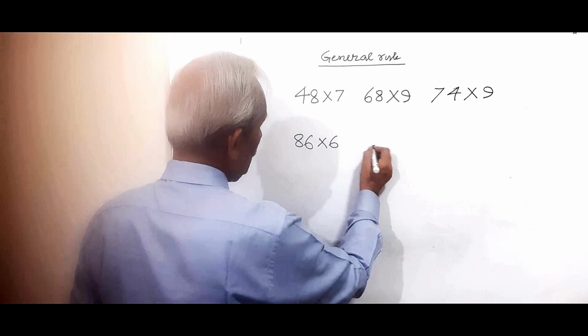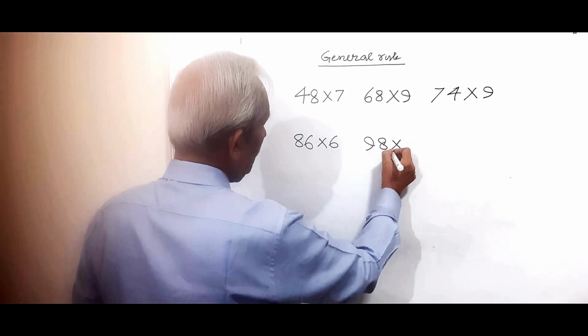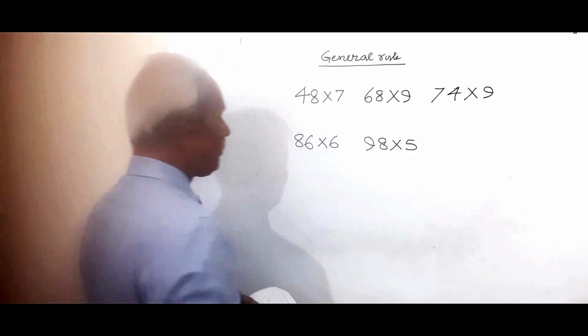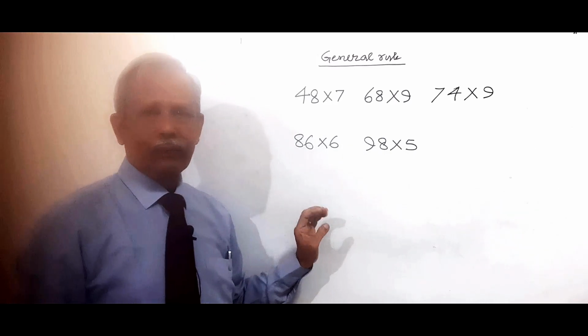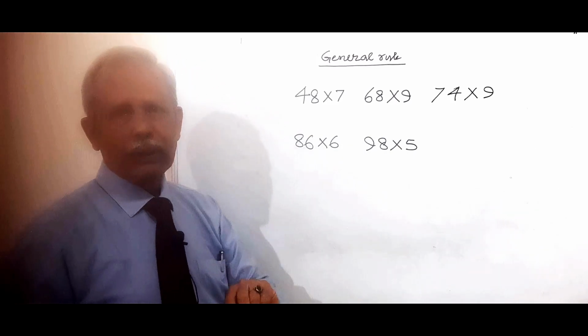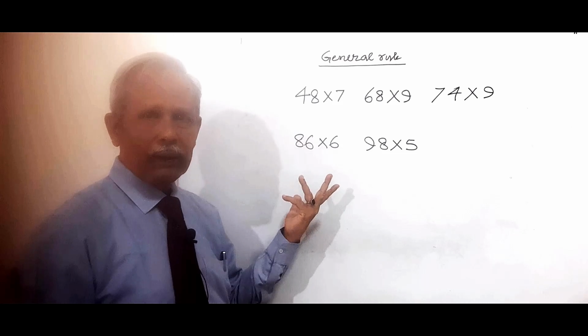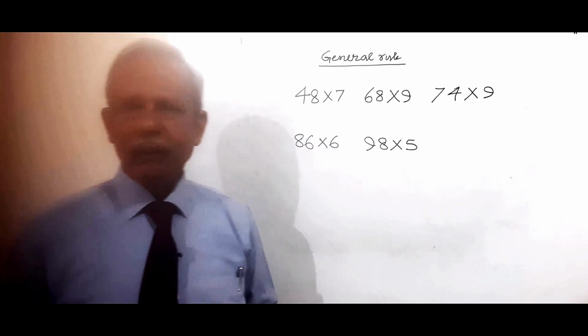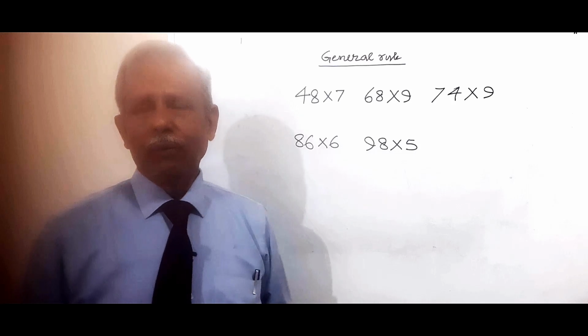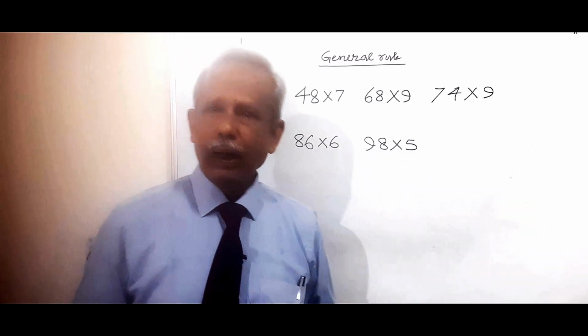And 98 into 5. Please do these sums yourself by following this general rule. First, initially you should write it down and do it. Later on you can do it mentally so that you can understand the entire process of getting the multiplication table of any number between 1 to 100.